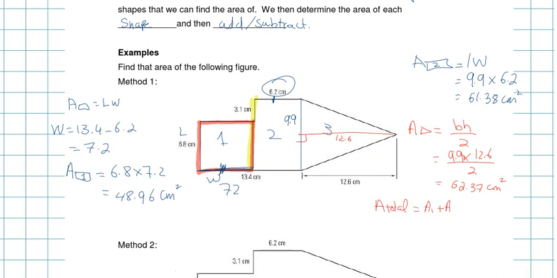If I give you a shape that looks like this, and then this is cut out like this, you can make this a rectangle, find the area of this whole thing, find the area of the cut-out part, and then subtract.